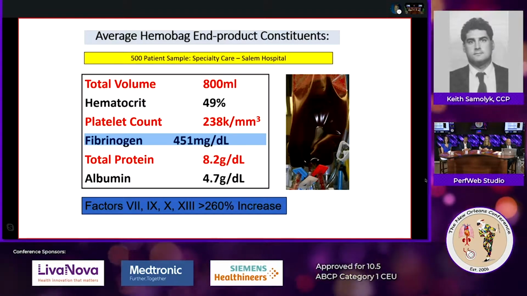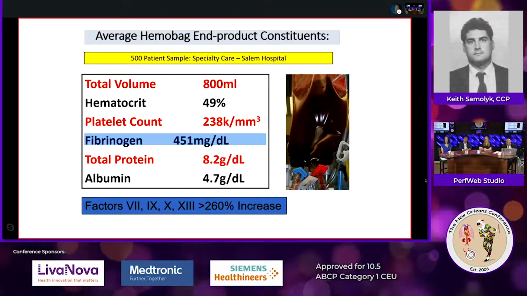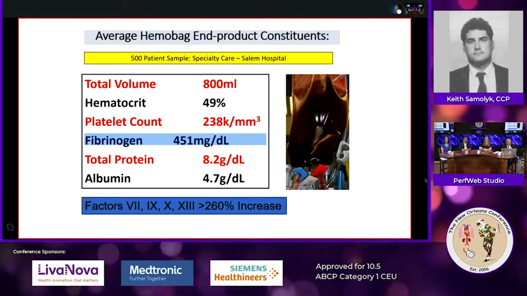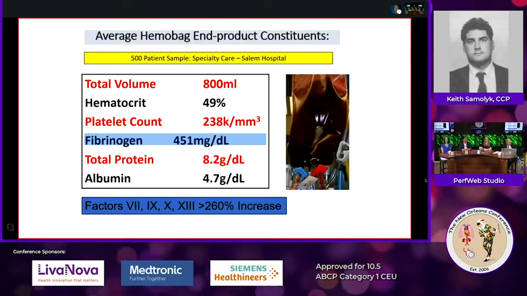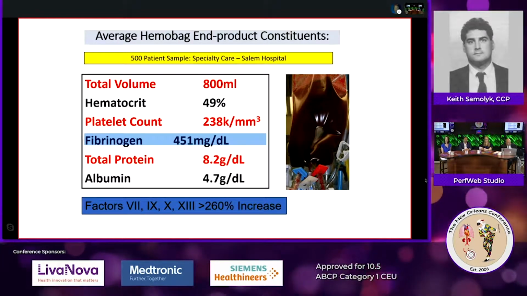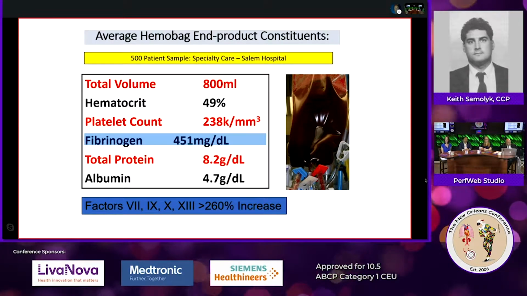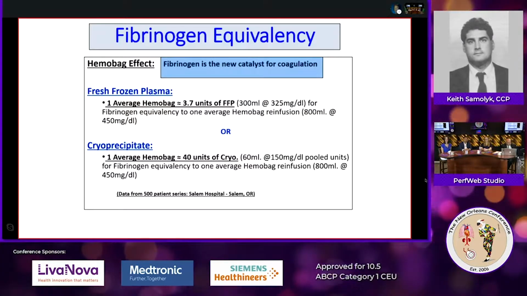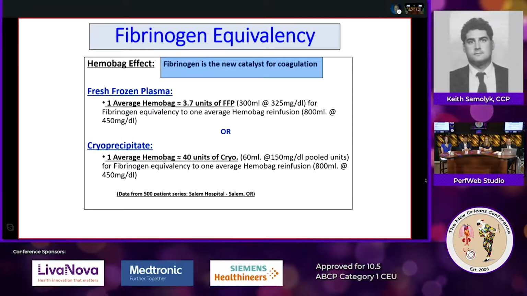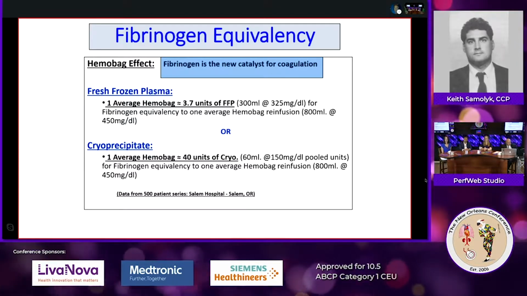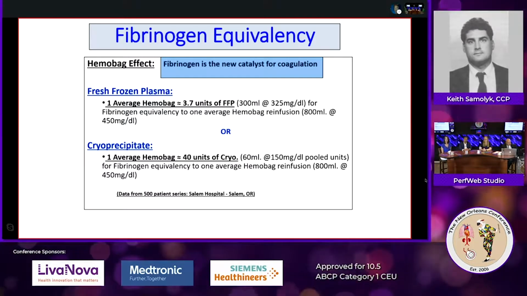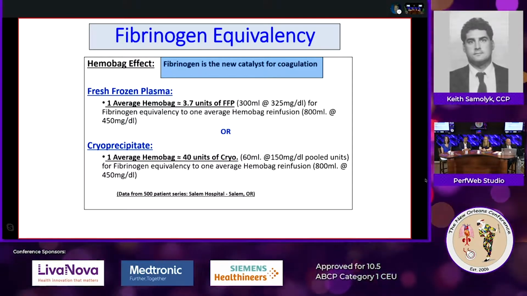Total protein of 8.2, albumin of 4.7. And when they looked at the clotting factors of 7, 9, 10, and 13, they increased on an average of 260% increase. So what is that 451 fibrinogen level? Well, if you look at it, that's about 3.7 units of FFP that you're saving that you would have discarded if you did it another way. Or you can look at it in terms of cryo. It's about 40 units of cryo.